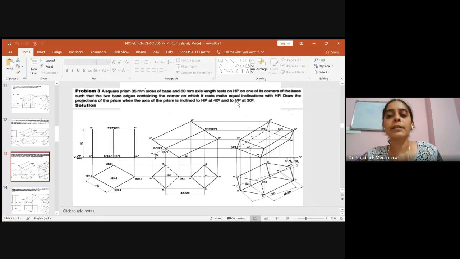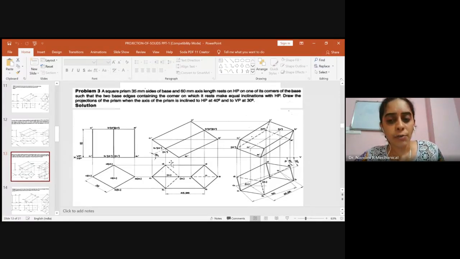First, you will take the axis at 30 degrees to VP. So leave some space and take a 30 degree line, 30 degrees to VP. The beta angle concept will remain the same as you followed in projection of planes, right?